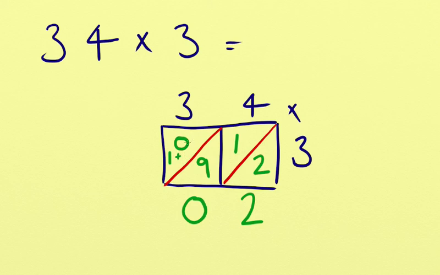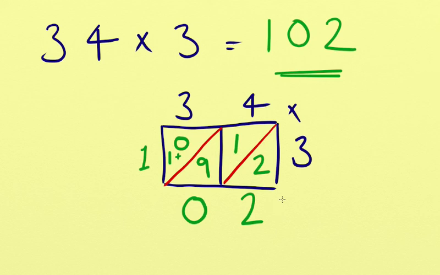So instead of just being a 0 in this column, we now have 0 add 1, which is just 1. So that's how we carry over when we're adding together in the lattice method. It's exactly the same as in addition. We start with the units column, tens and hundreds, and if we need to carry over, we just carry it to the next column and add it in there. So our final answer in this example is 102. And that's using the lattice method to multiply 2-digit numbers by 1-digit numbers.